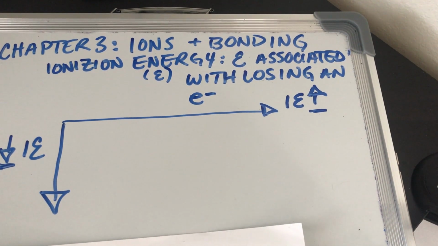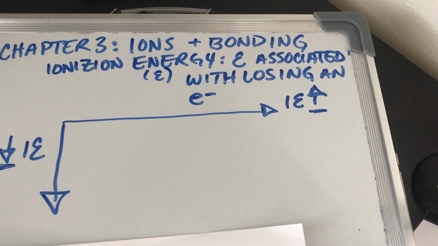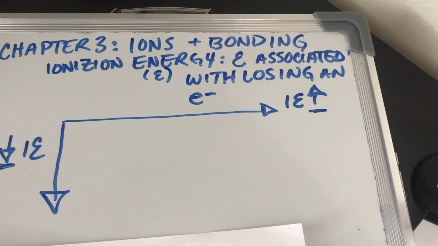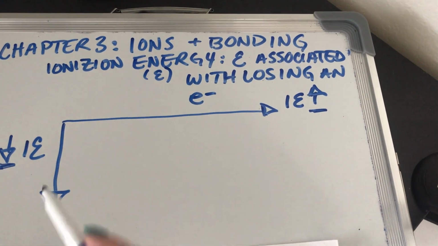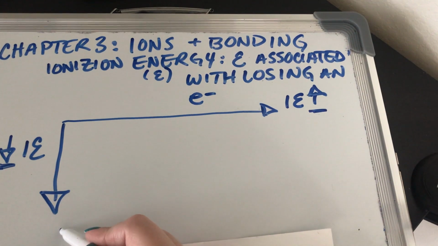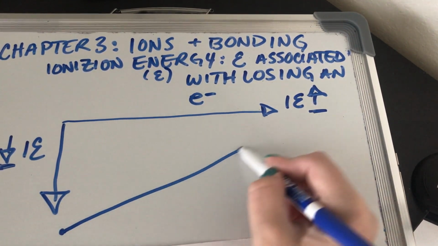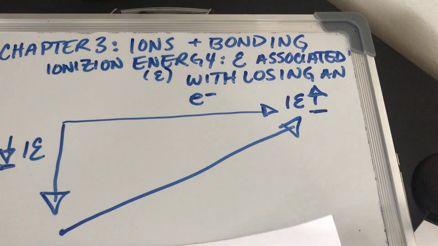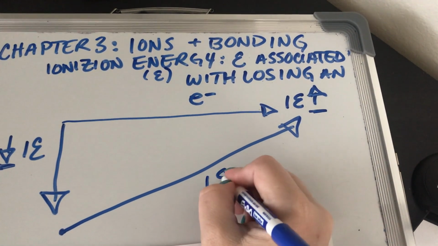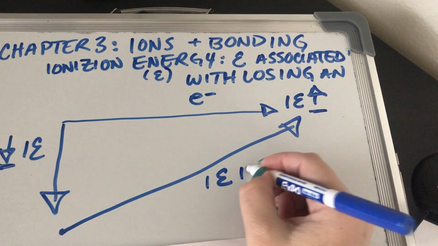A lot of students' inclination is to memorize how all these trends work. I don't think that's helpful. It's much more helpful if you understand why those trends are. So going from the bottom left part of the periodic table up diagonally, the ionization energy is increasing.